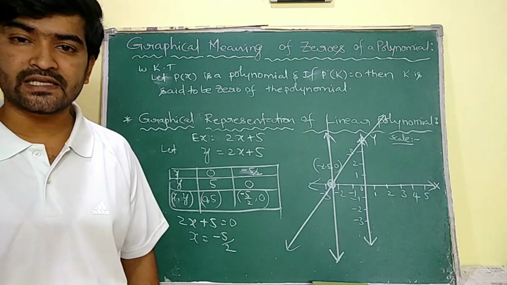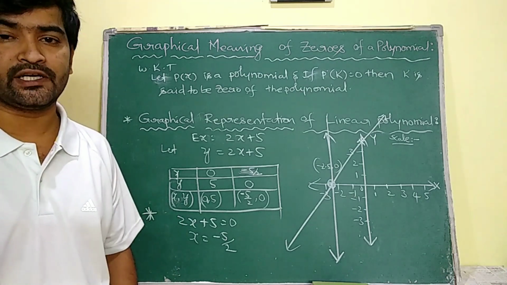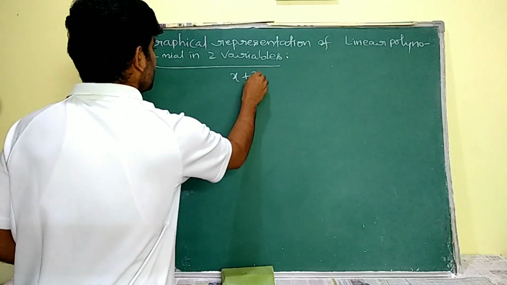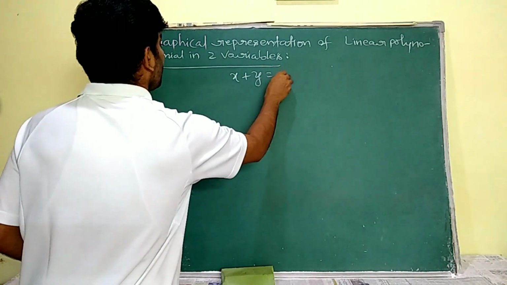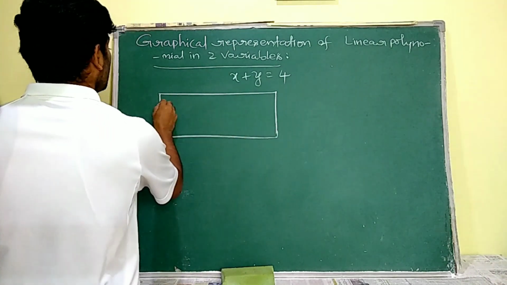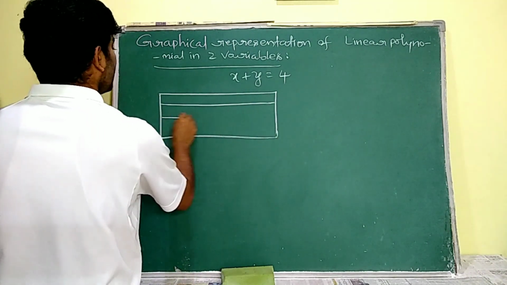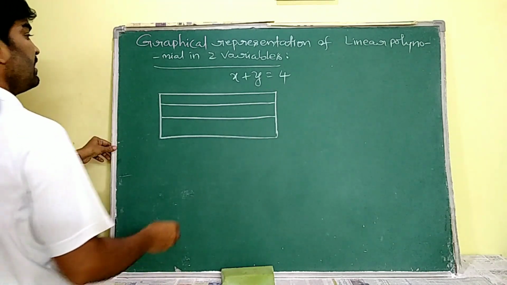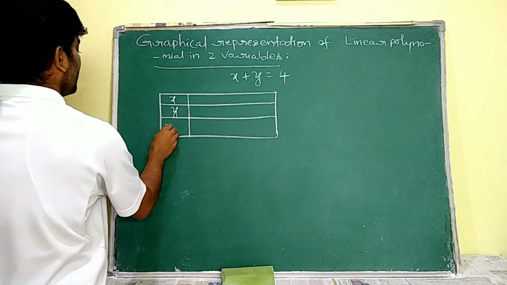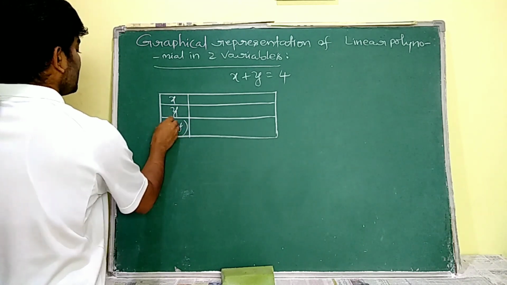Now we are going to discuss a linear polynomial in two variables. Let me take one example: x + y = 4. Here the given polynomial is in two variables, so you need not assume anything. Just write x, y and the point (x, y).